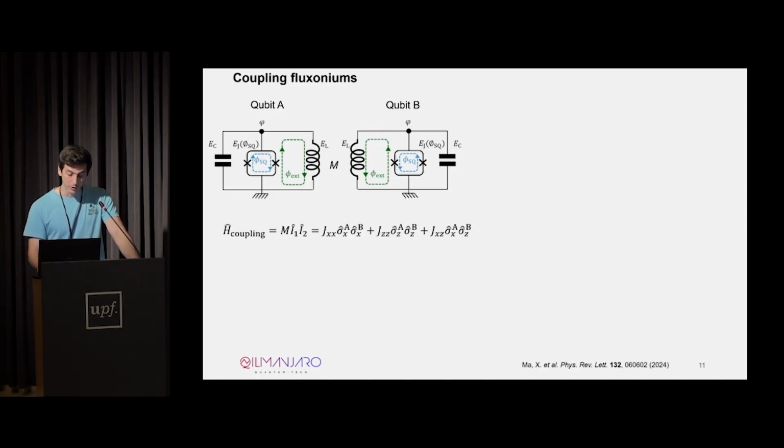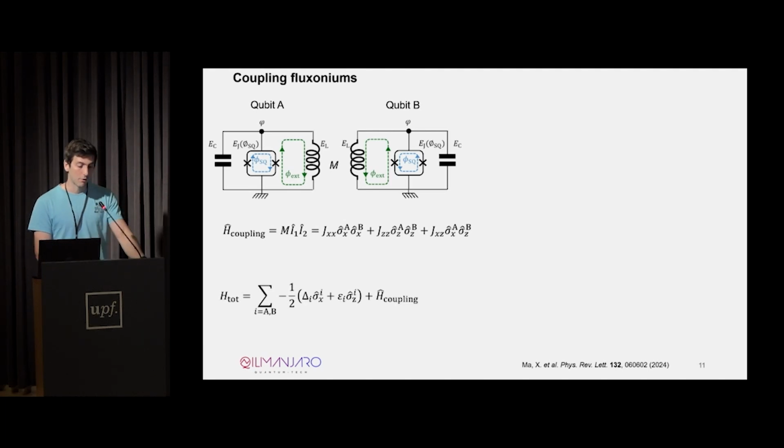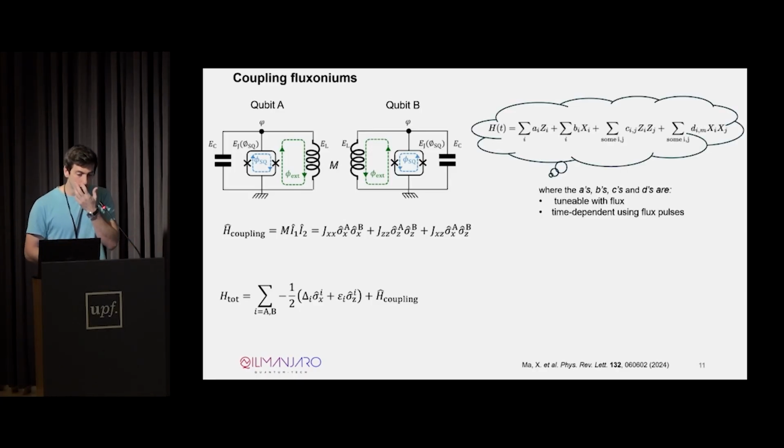So if we now put everything together, the total Hamiltonian for a Fluxonium qubit contains transverse and longitudinal terms in the persistent current basis, as well as all these coupling terms in this coupling Hamiltonian. And if you now recall the initial analog quantum computing Hamiltonian that I showed at the beginning, you can see that they're quite similar.